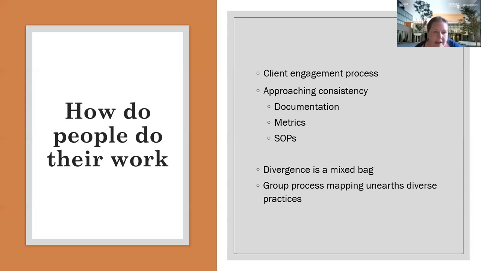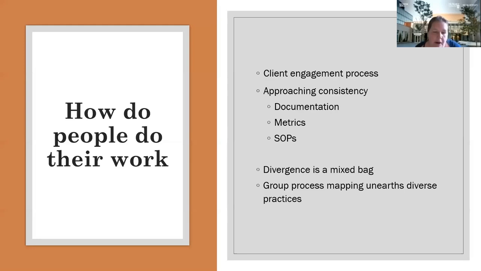So group process mapping lands within this universe of challenge in frontline practice and the tension often on part of management around how to ensure that frontline practice is what they want it to be and what they are telling funders, their board, that it is.